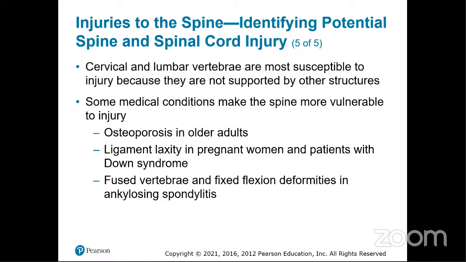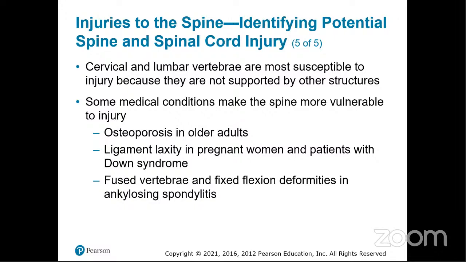We've already hit on osteoporosis in older adults. Ligament elasticity in pregnant women and patients with Down syndrome. When you're pregnant, especially in the last trimester, what happens to the ligaments in your pelvis? They start to loosen. It doesn't just happen in the pelvis, though. You get it in all sorts of other places too, so when you get into that last trimester you can have those problems.